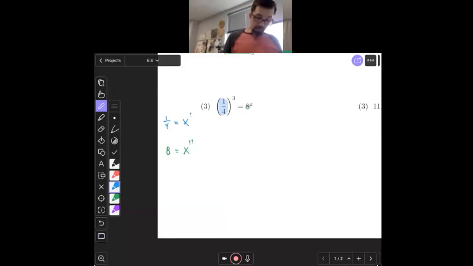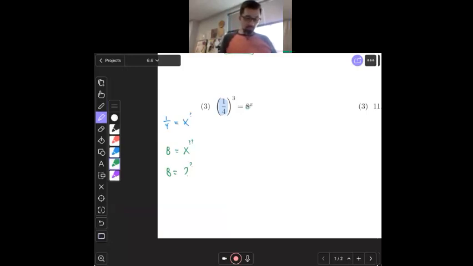So how do we write 8 as a power? What's 8 equal to? Some number to some power equals 8. What number can I raise to a power and get 8 as my answer? There you go, right, with 2 to the third. I expect you guys to recognize that. 8 is 2 cubed.